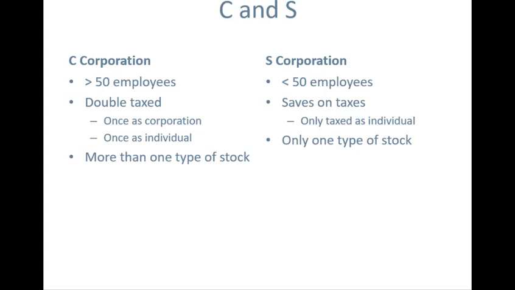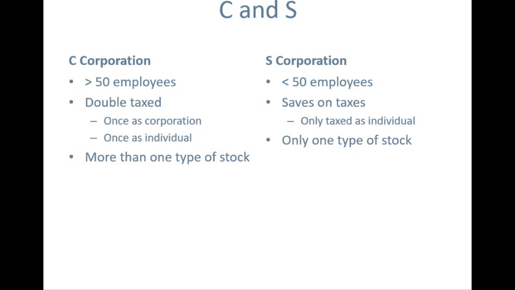And again, the difference between these two, the C and the S corporations: the C corporation is normally more than 50 shareholders, it's double taxed, and it's more than one type of stock. An S corporation is less than 50, it can be just one or two people. It saves on taxes because it's only taxed as the individual.